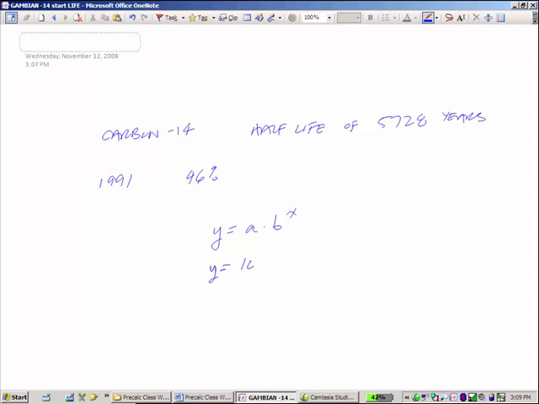So you started off with 100%. Now, the only piece of information that's really helpful is that the half-life is 5,728 years. So in other words, if I wait 5,728 years, how much will I have left? Half. 50%. If I solve this, what can I solve for?